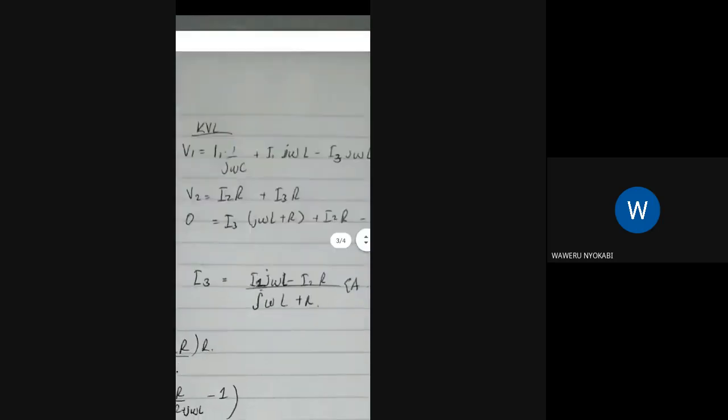Then we expressed I3. We took the last loop, 0 is equal to I3 and all that. Then we expressed I3 in terms of I2 and I1. That's what's down here.